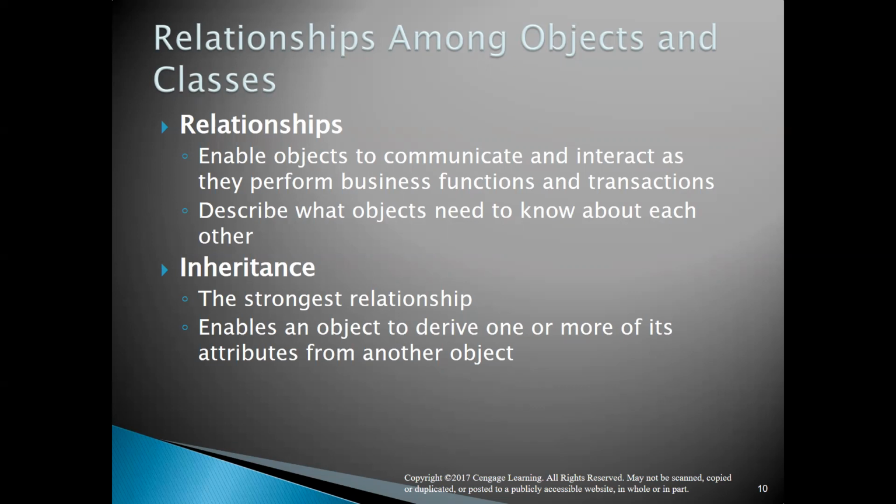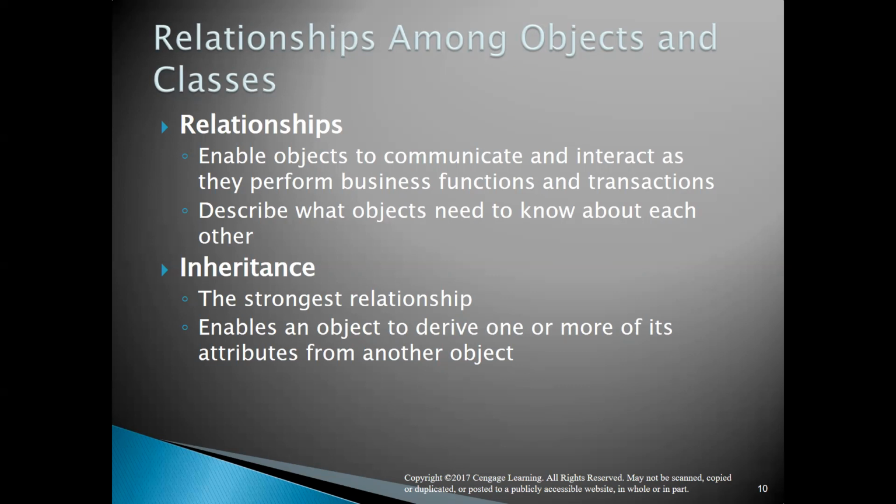Relationships enable objects to communicate and interact as they perform business functions and transactions. They describe what objects need to know about each other. So relationship here means the interconnection between objects and classes, how one object is related to another and how they communicate or interact with each other.